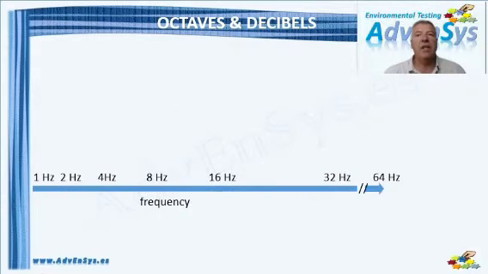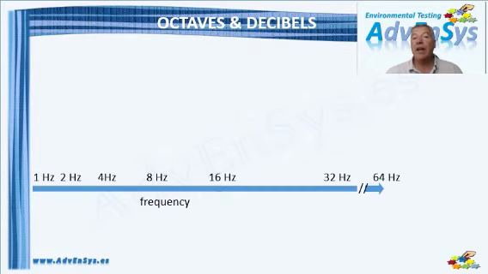Here we have a frequency logarithmic scale from 1 to 64 Hz with intermediate frequency values twice the previous. Whenever we multiply a frequency by 2, we say that we increase 1 octave. We have 1 octave between 1 and 2 Hz and the same 1 octave from 1000 to 2000 Hz.